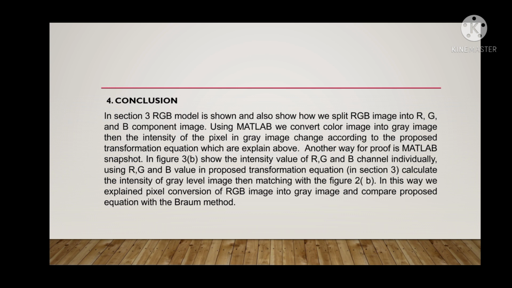For conclusion, in section 3, the RGB model is shown, and also how we split an RGB image into R, G, and B component images. Using MATLAB, we convert the color image into a gray image. Then the intensity of the pixel in the gray image changes according to the proposed transformation equation, which is explained above.